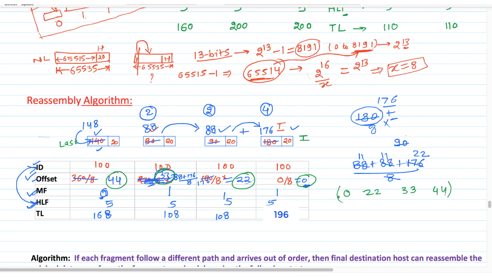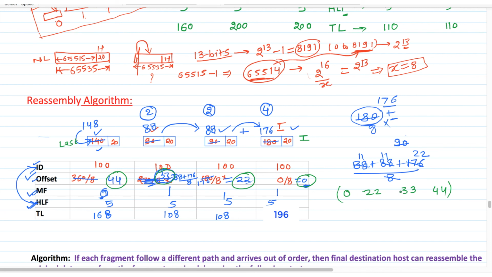This process is useful when the receiver receives out of order packets. As I mentioned, these fragments may take different paths from source to destination, so it is possible that the third fragment reaches before the second, and the fourth before the third. So the receiver first arranges all these fragments in ascending order of their offset.